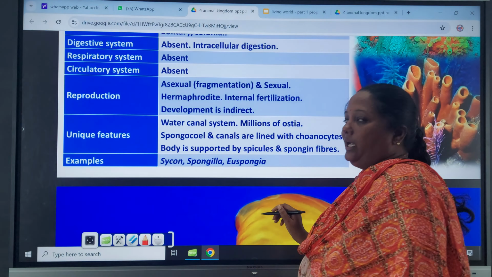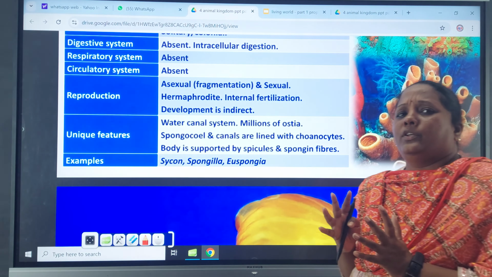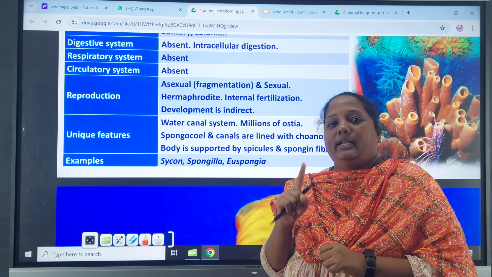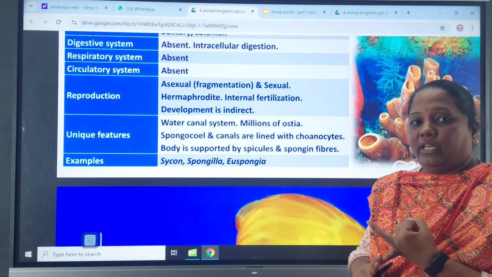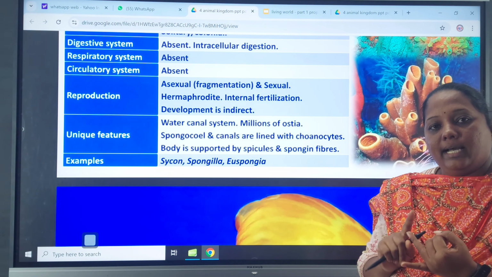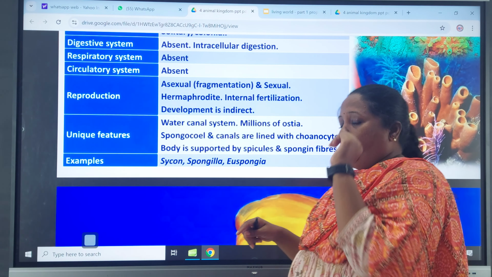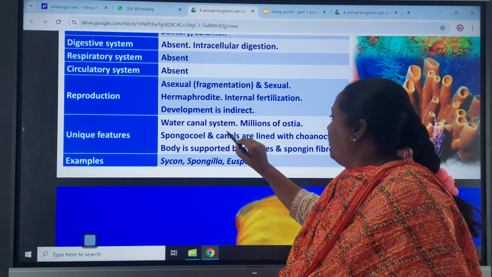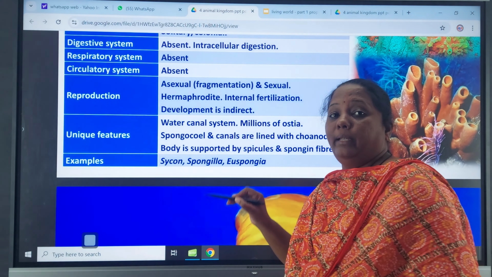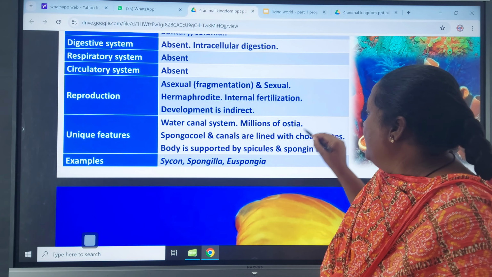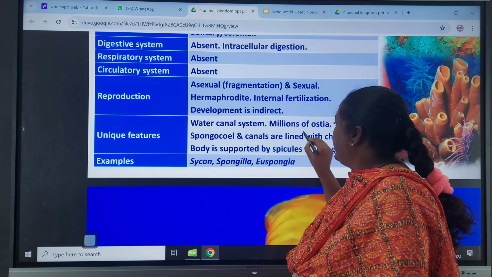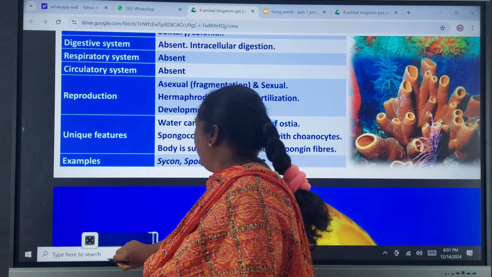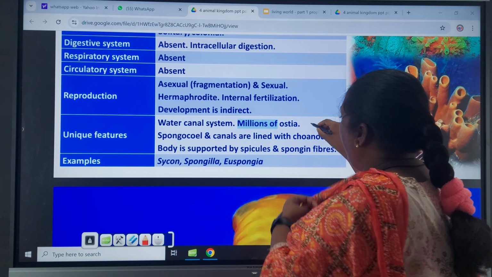Here, the unique features, what are they? What is the major unique feature of the sponges? The water canal system. You have to remember that the water canal system is present only in the poriferans. There are millions of ostia pores.